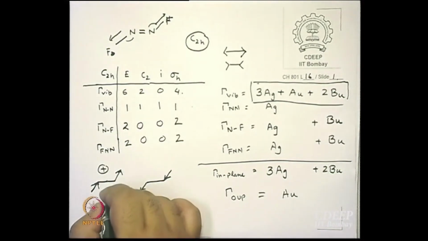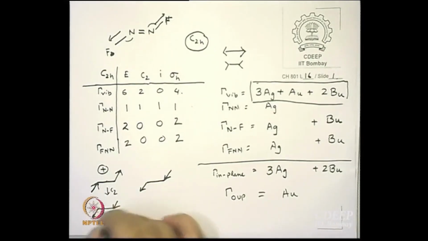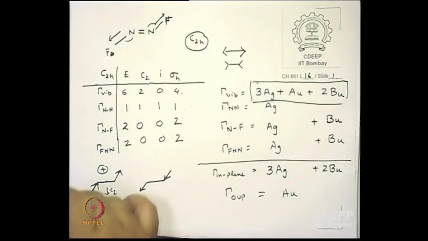Apply C2 to this. Do I not get this? Right? So the character is -1.